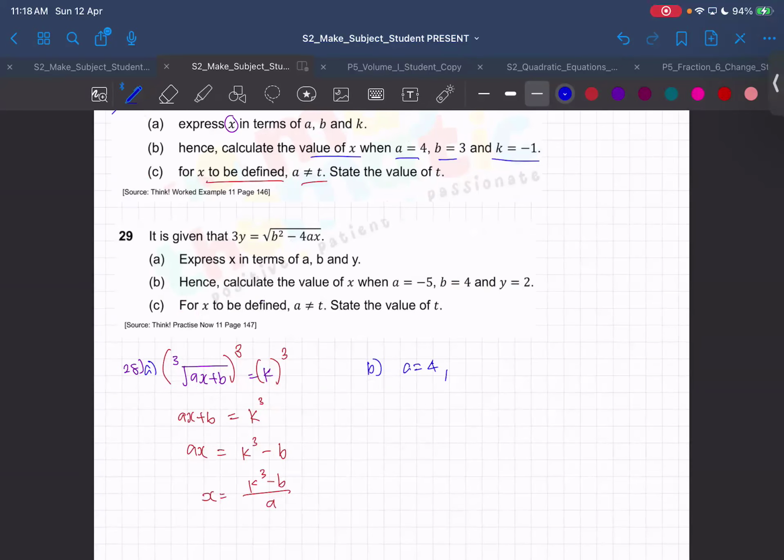A equals to 4, B equals to 3, K equals to -1. So what will X be? Just use this one. Substitute all the values. Then you press your calculator, you'll get -1. Can?